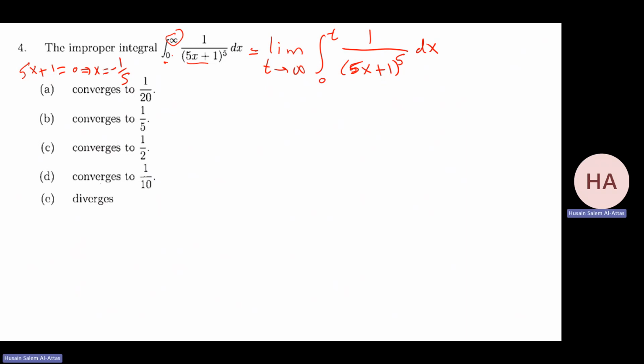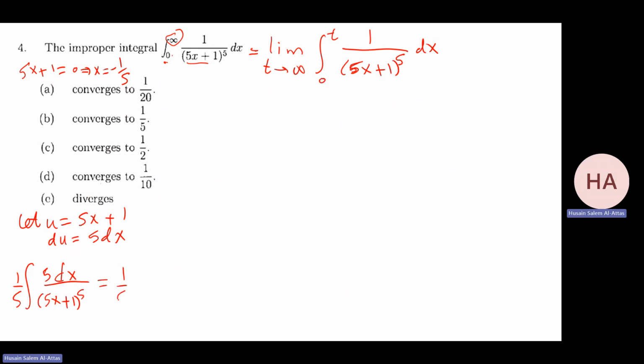Now let me do this integration here. It's not difficult, but sometimes it's good to do it this way. So I let u equal 5x plus 1, especially if you have something like this, to be sure about the fraction. Du will be 5 dx. So I need 5 and 1 over 5.